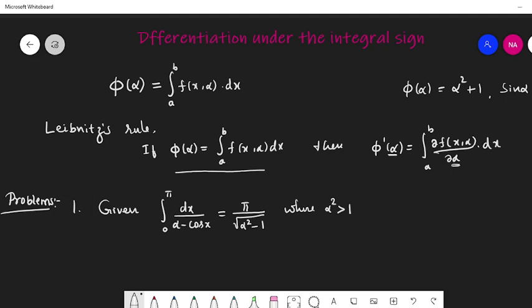So the denominator is strictly positive. Then using this hint we have to show that integral 0 to pi dx divided by (alpha minus cos x) whole square equal to pi alpha divided by (alpha square minus 1) whole power 3 by 2. So this is what we need to prove.